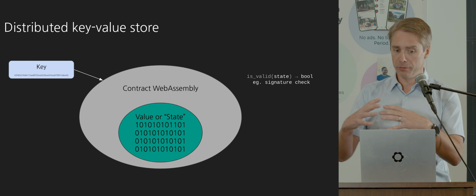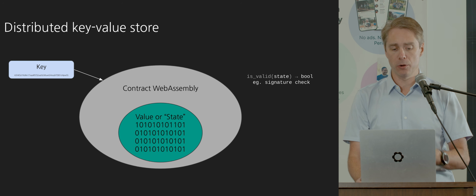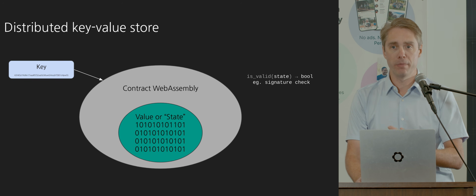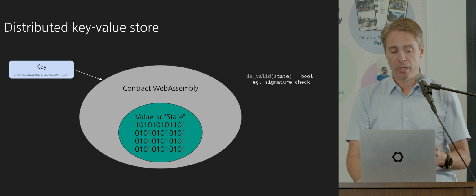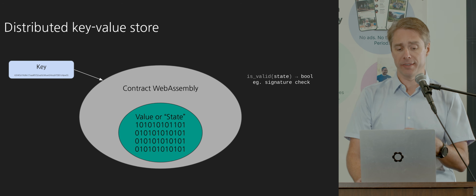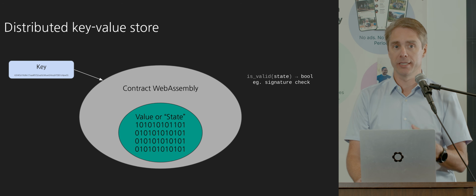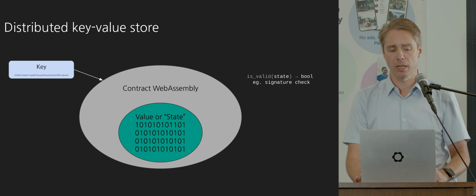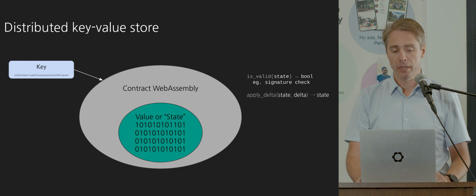And the role of that WebAssembly code is firstly to decide, is that data permitted under this key? A very simple example of how it might do that is it might verify that the data is accompanied by a specific digital signature. But it can be a lot more sophisticated than that.